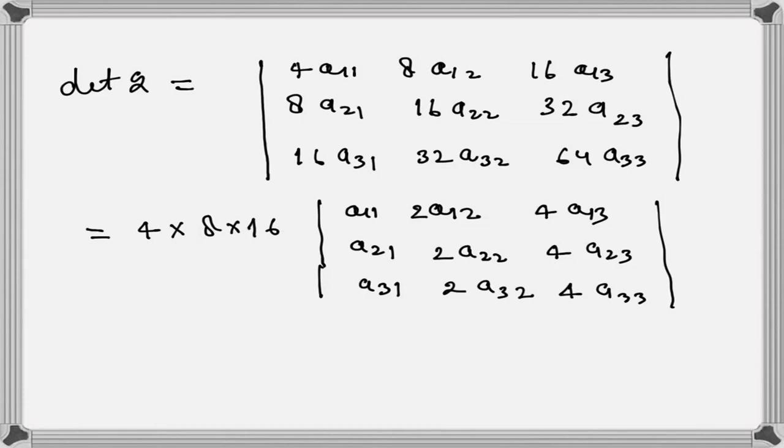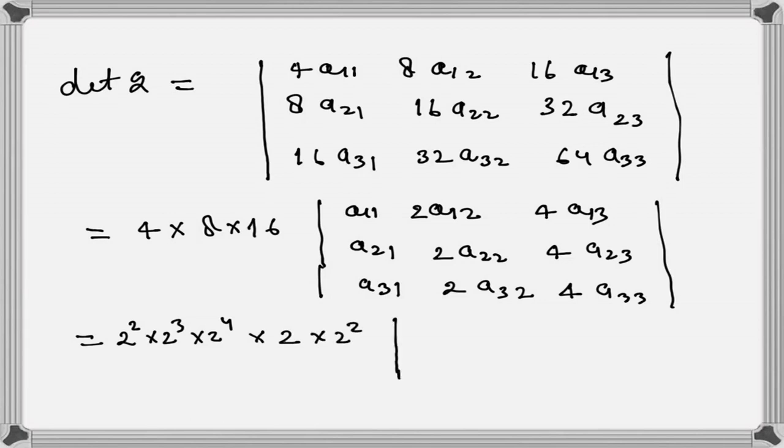Again we can take 2 common from column 2, 4 from column 3. So we can write 2 square, 2 cube, 2 to the power 4, and then you can take 2 common from column 2 and 4 from column 3.